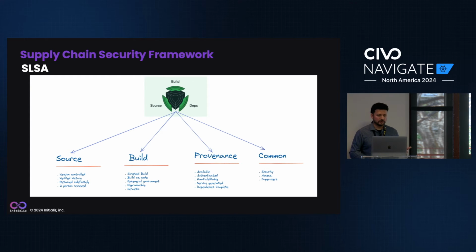The aspects it goes after are the security of the source, the security and provenance of the build, the provenance of the supply chain and source code and the tools which you're using, and some of the common aspects like access to the environments, access to the source code, and things like that. But essentially, this framework builds upon the idea of, when you're going from pod to prod, what controls can you use from a source perspective?